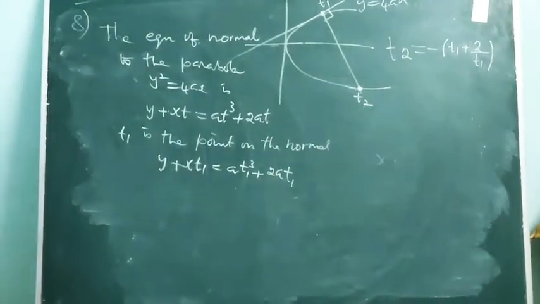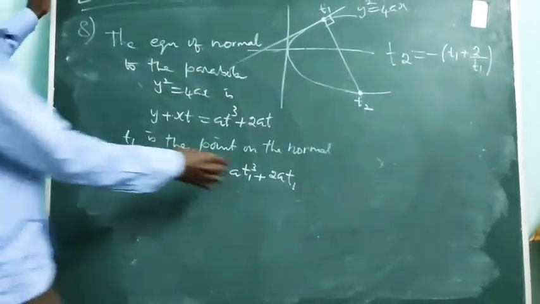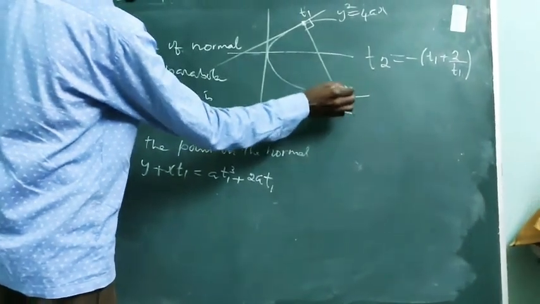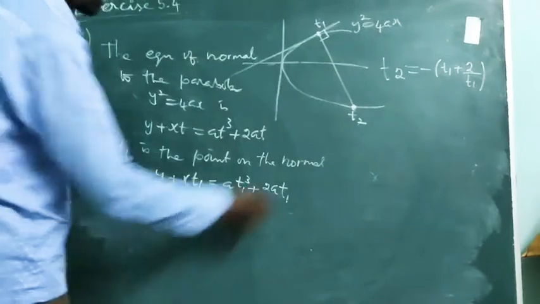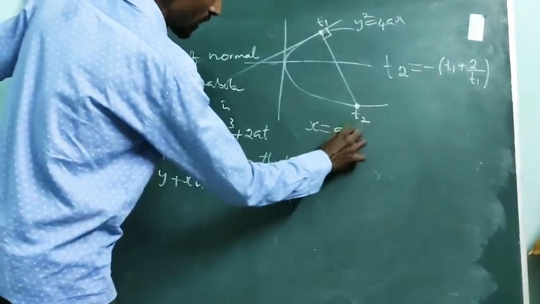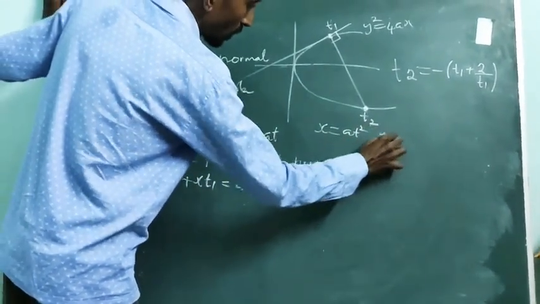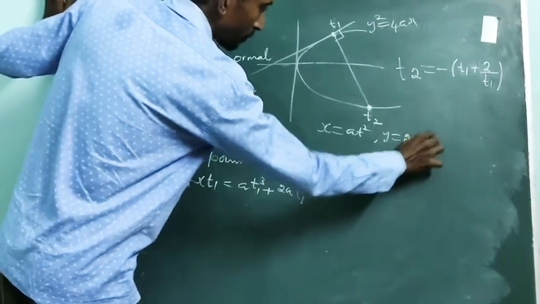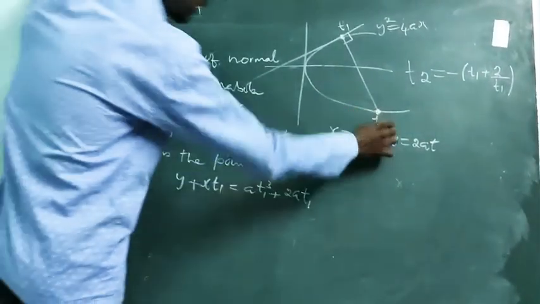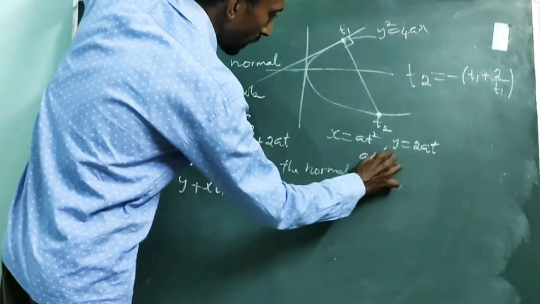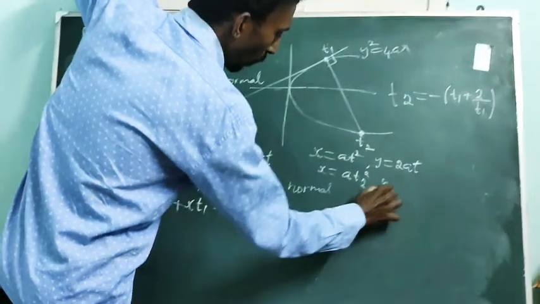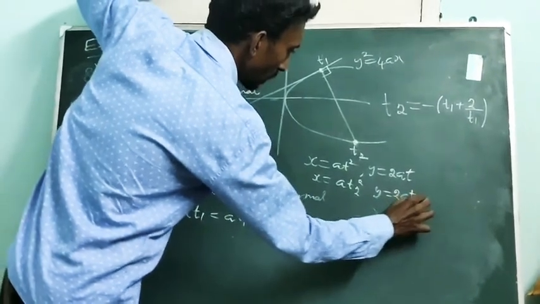Again it meets the curve at t2. Any point on the parabola is of the form x equal to at square, y equal to 2at. So at t2, x equal to a t2 square and y equal to 2a t2.